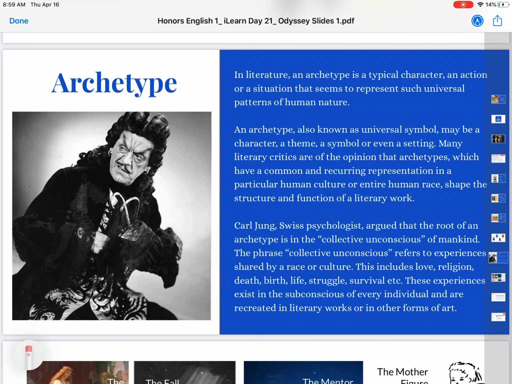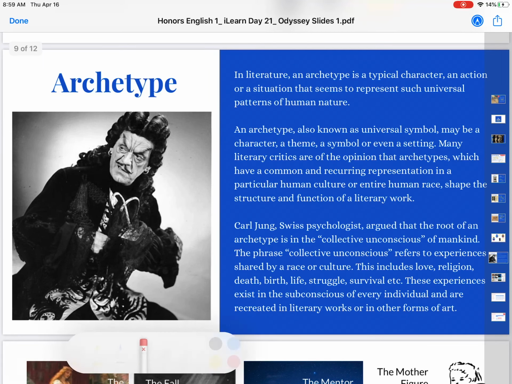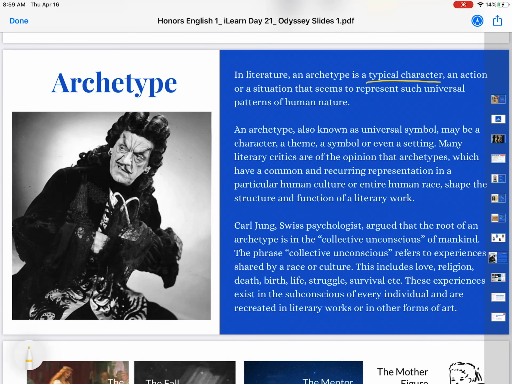An archetype is a typical character, an action, or a situation that seems to represent a universal pattern of human nature. Okay? An archetype can also be known as a universal symbol, and it may be a character, theme, symbol, or setting. I'm going to read this slide, then we're going to talk.